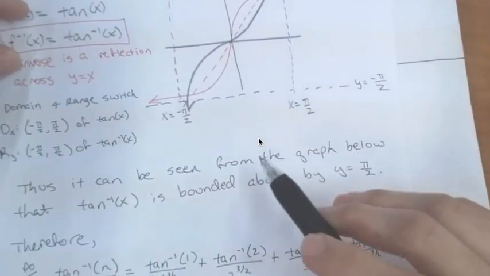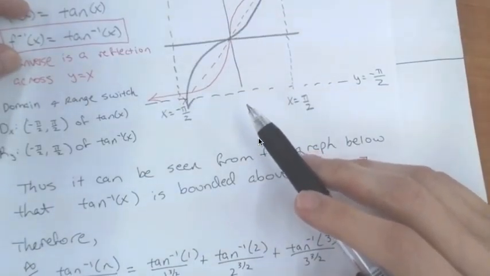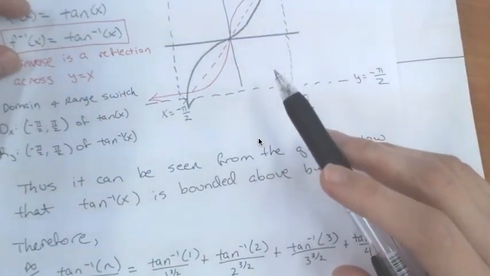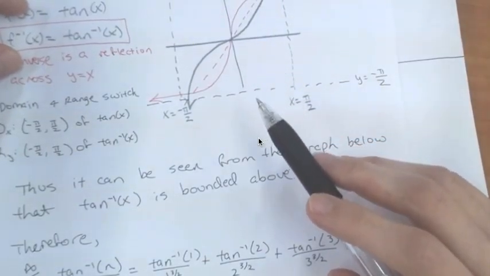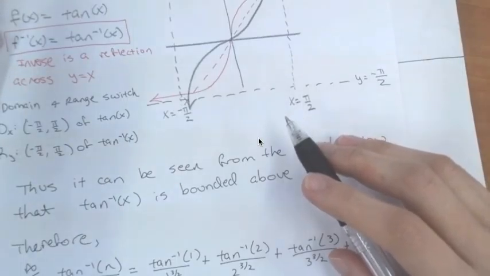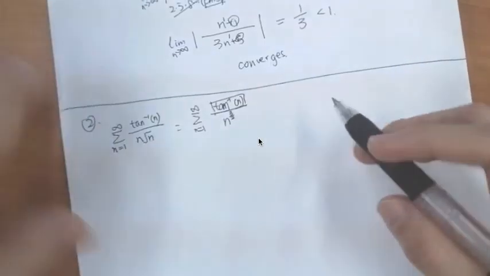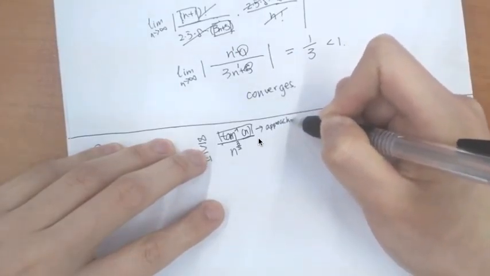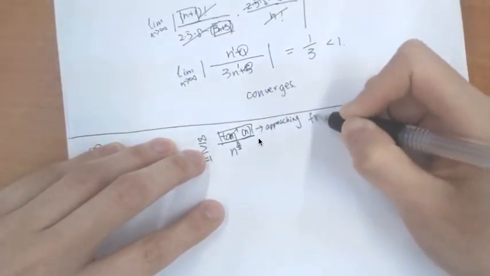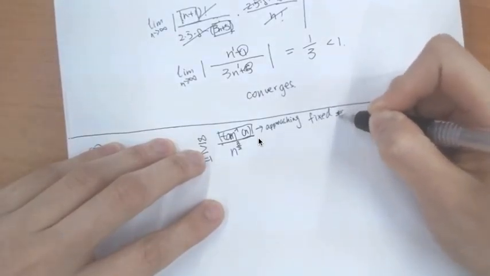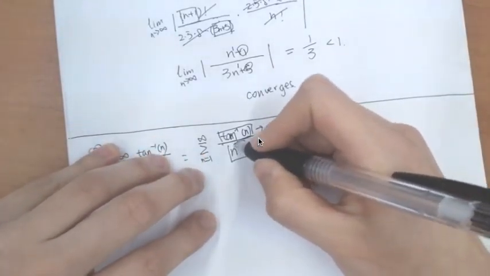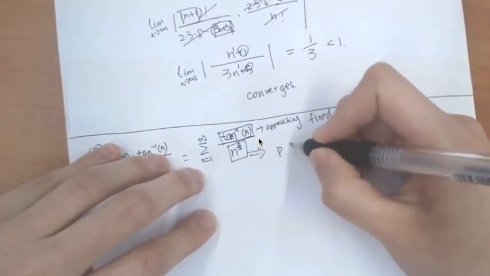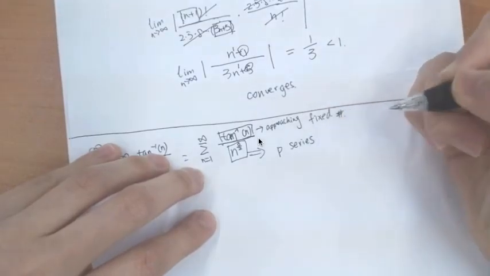But both arctangent of x and arctangent of n approach pi over 2 when the variable approaches infinity. So this part is approaching a fixed number. And this part is easily identified as something for which we are very likely to use the p-series for the further convergence test.